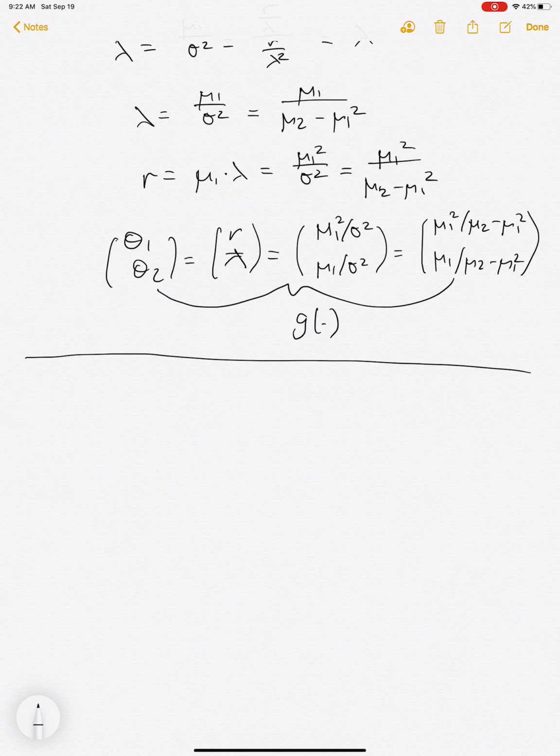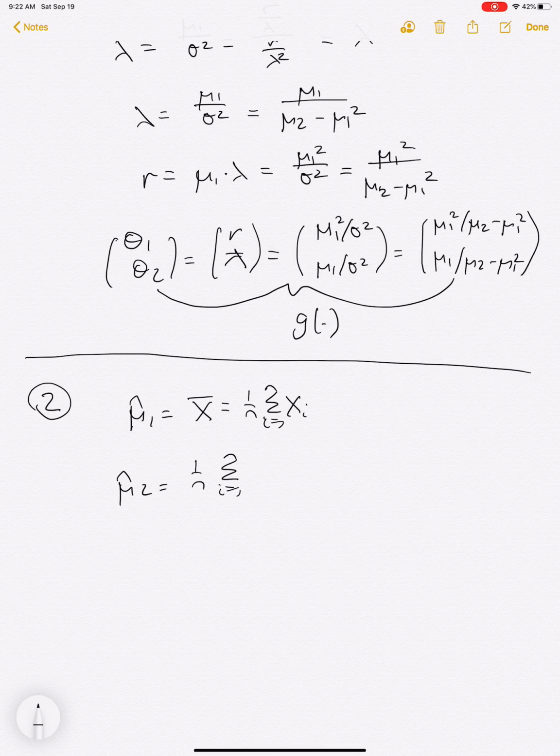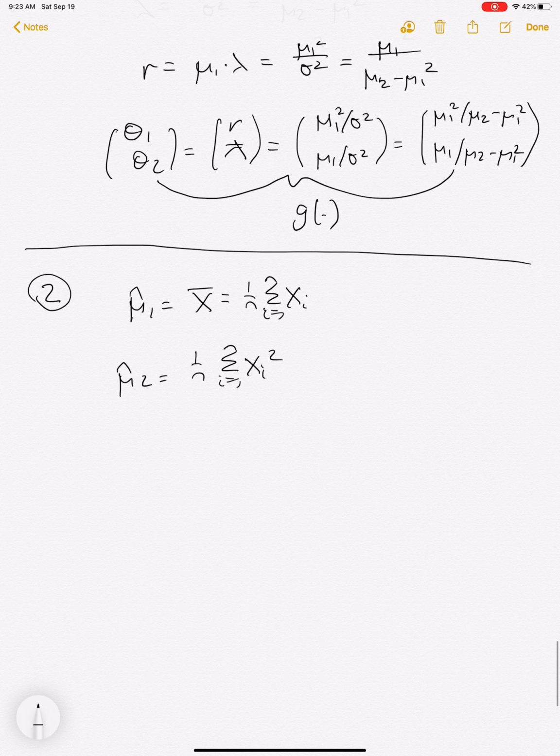Okay, so now we want to calculate the method of moments. So we know that mu hat 1 equals x bar, and then we know that mu hat 2 is just 1 over n summation xi squared.